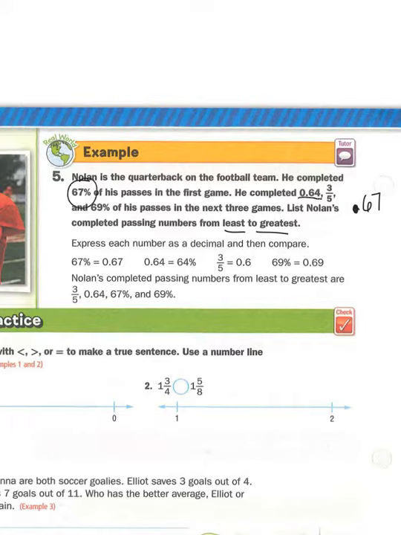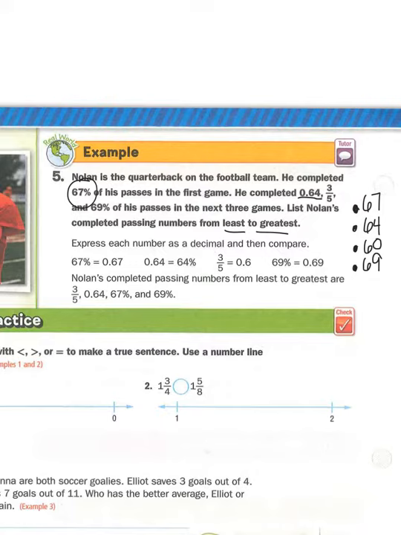Then the next one is already written as a decimal, 0.64. 3/5, okay, that should be one that you guys maybe are starting to know by heart. 3/5 is the same as 0.6, okay? If you don't know that one, of course you can divide. We can put a 0 after that as well. Okay, 0.60. And finally, 69% written as a decimal would be 0.69.